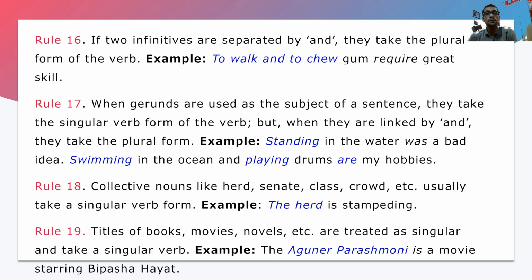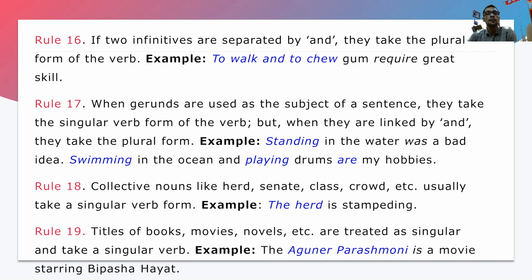But when they are linked by and, they take the plural form. Standing in the water was a bad idea. But in the second sentence, swimming in the ocean and playing drums are my hobbies. There are two gerunds, swimming and playing, so the verb is plural. In the first sentence, only one gerund, standing, so the verb is singular.